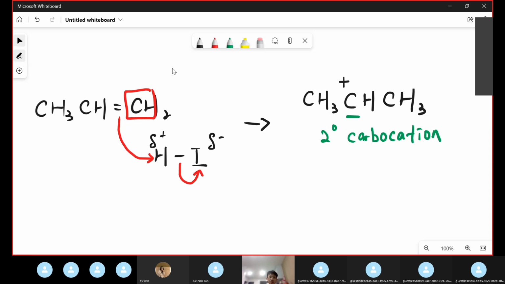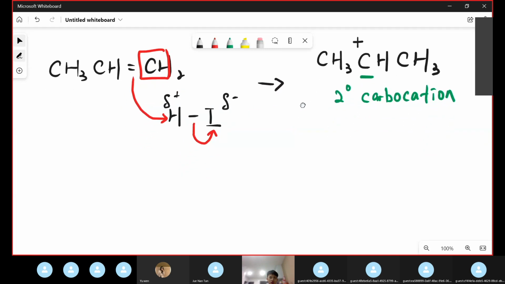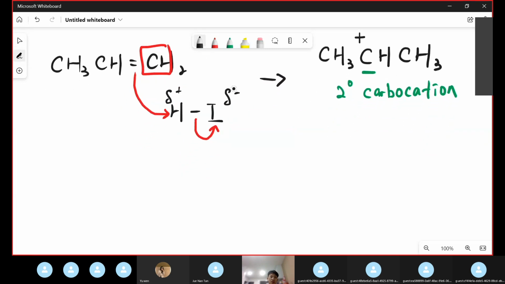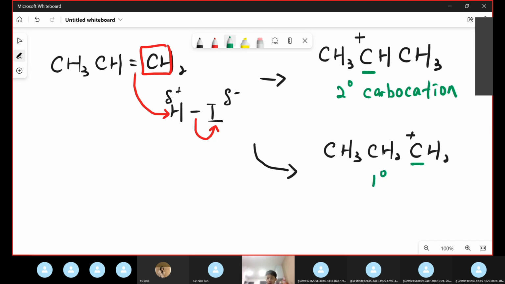Then if you draw it up for the minor product, it will form something like this: CH3, CH2, CH2 positive. This carbocation is a primary carbocation.